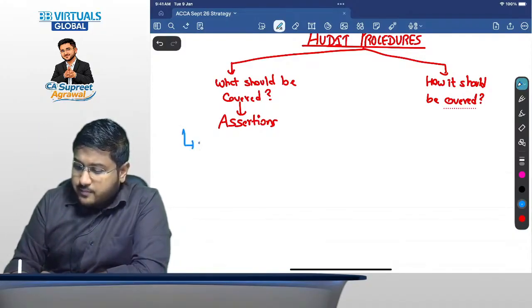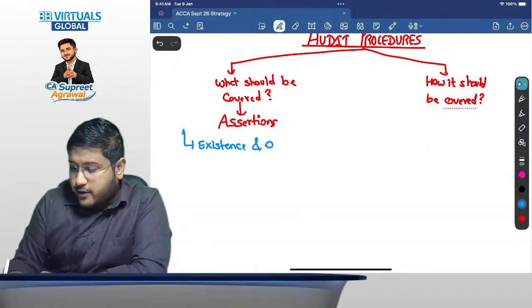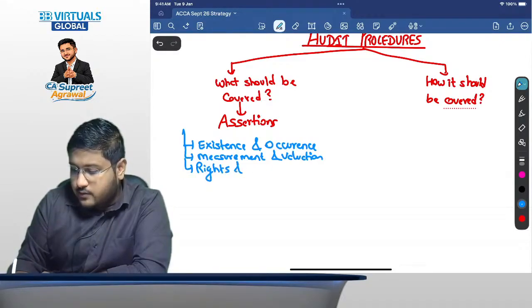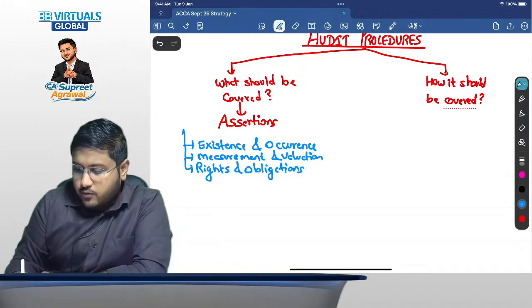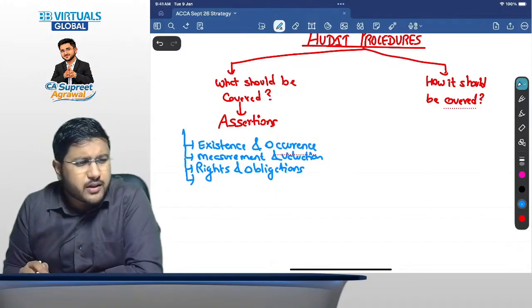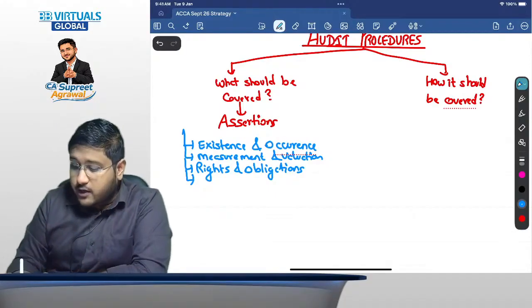Let's take certain examples. Existence and occurrence. Then measurement and valuation. Then rights and obligations. What else could be there?